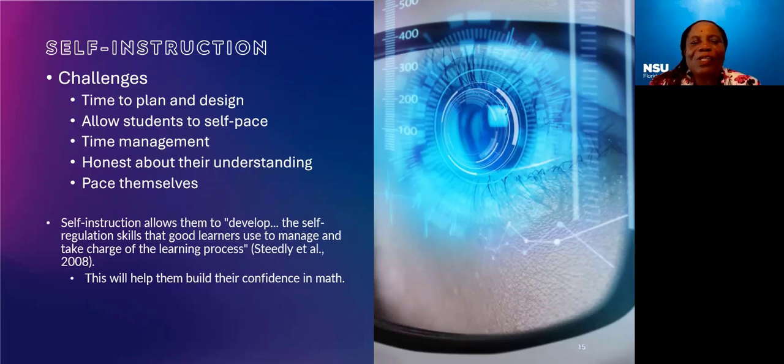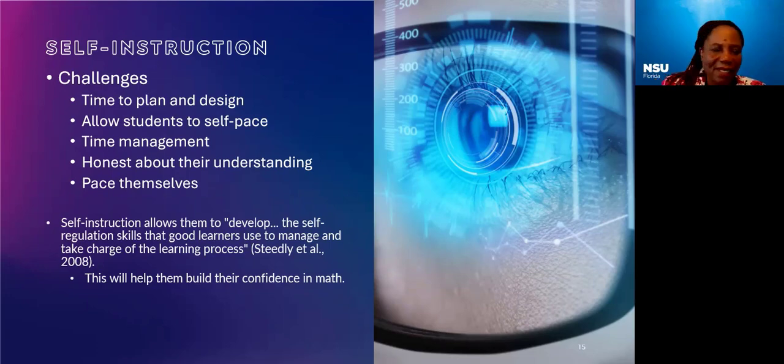And would students be honest about their understanding? Again, we want that transparency. If we model the desired behavior, we expect it, right? If we set up a learning environment where trust is there, we expect that the children can tell us, well, I partially understand, or I didn't get it at all, and be able to show you somewhere.